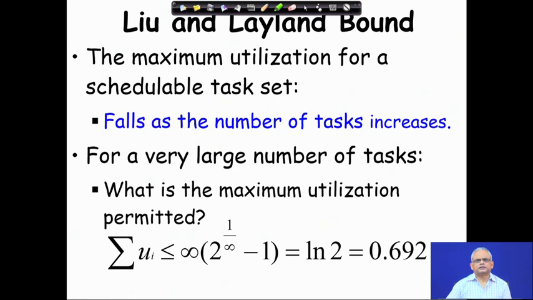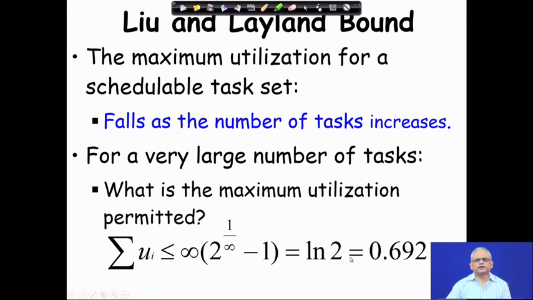And how do we get 0.692? It is based on solving the indeterminate form infinity into 2 to the power 1 by infinity minus 1, that is, infinity into 0. Applying L'Hospital's rule to this indeterminate expression, we get ln 2, which is 69.2%.